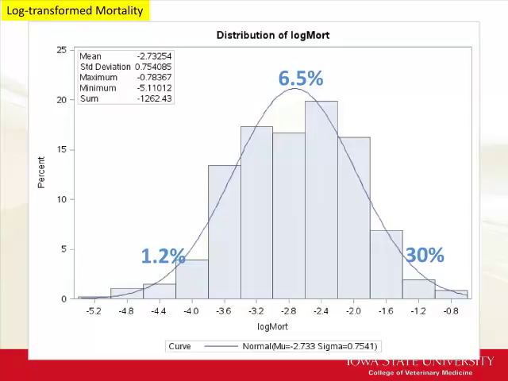You see here minus 2.8, that's in the log world, but it means some 6.5%. And at the ends of the distribution, the extremes, we're talking about some 1.2 to 30%. This variability allows us to try to find the risk factors and measure the relative importance of each risk factor on that variation.